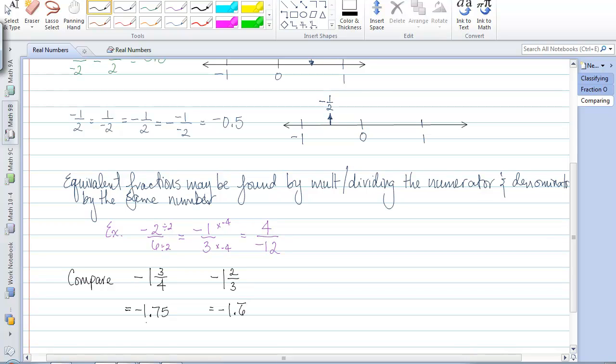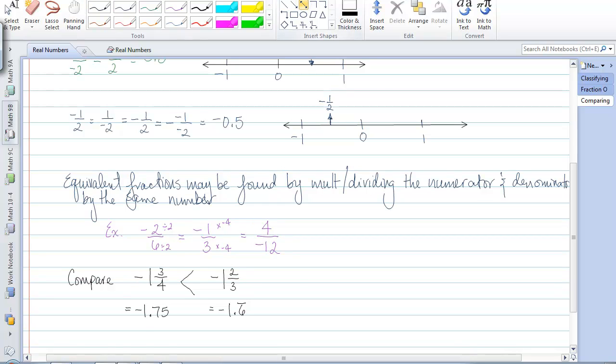Because 1.75 is greater than 1.6 repeating, however it's negative, therefore we're looking at the opposite side of the number line. -1.75 or -1 3/4 will be less than -1 2/3.